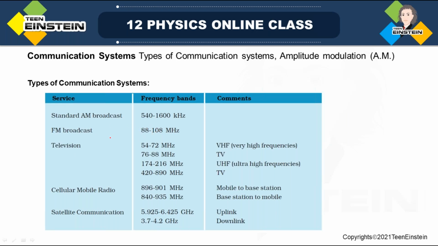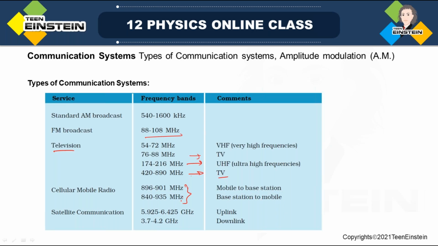FM broadcast uses this much bandwidth of the frequency, and similarly for television there are various bands, like very high frequency, then ultra high frequency, then again very low frequency TV. Cellular mobile radio uses particular bands, from the mobile base station and from the base station to mobile.